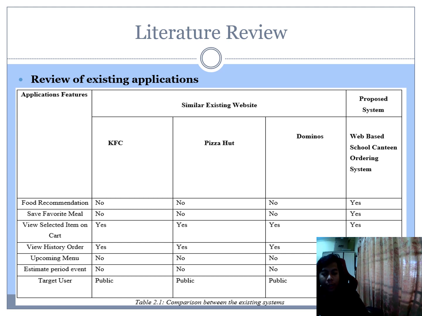The upcoming menu. KFC, Pizza Hut, and Domino's don't have this function. As a customer, I want to know exactly what they will sell next week, and exactly what they will sell this week.